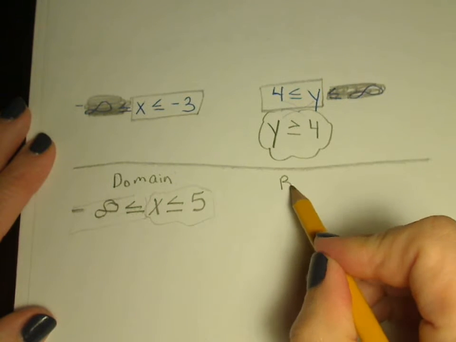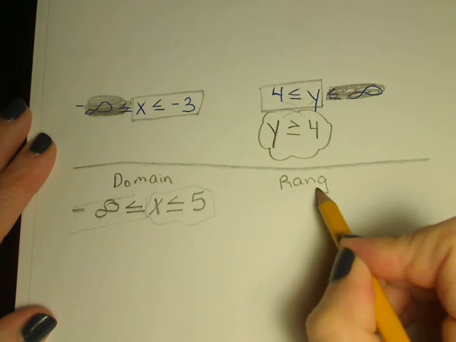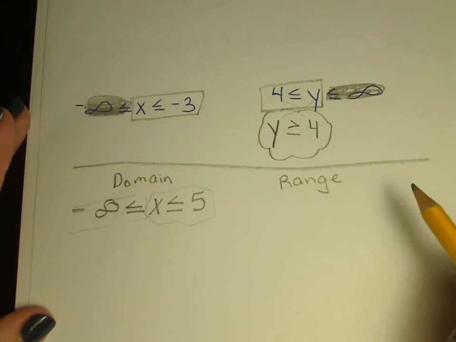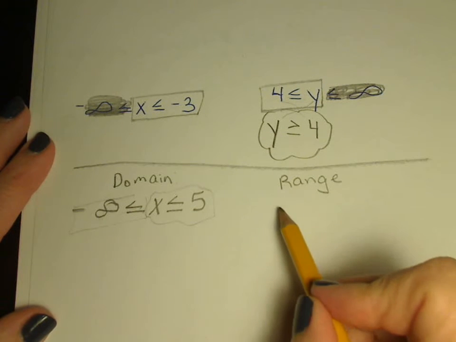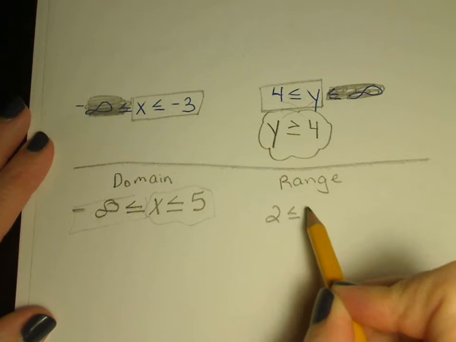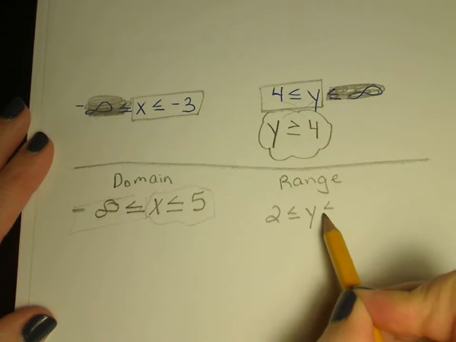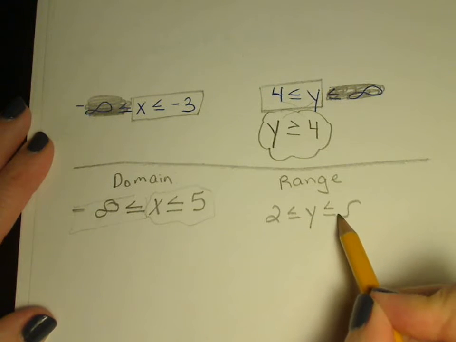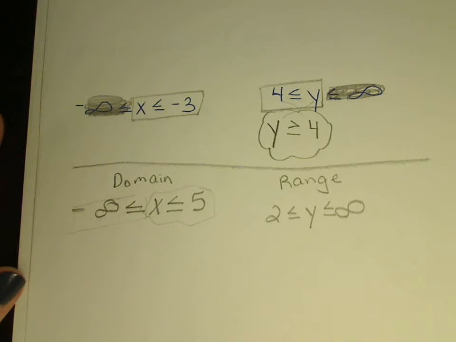Okay, now let's look at this example for the range. Okay, I'm going to start off with, let's say, 2 less than or equal to Y, less than or equal to infinity. What are you going to do here? Good.